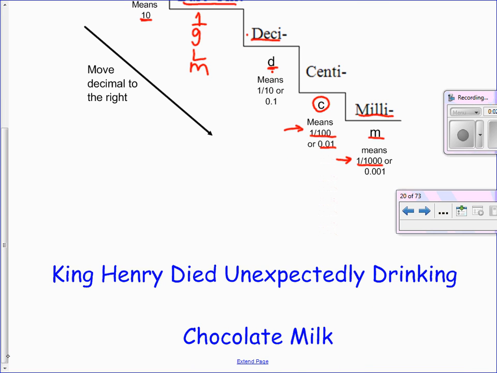And to help you remember the order of them, there's a little mnemonic device you can use. King Henry died unexpectedly drinking chocolate milk. So king is the kilo, Henry's the hecto, died is the deca, unexpectedly is your base unit, meters, liters, grams.